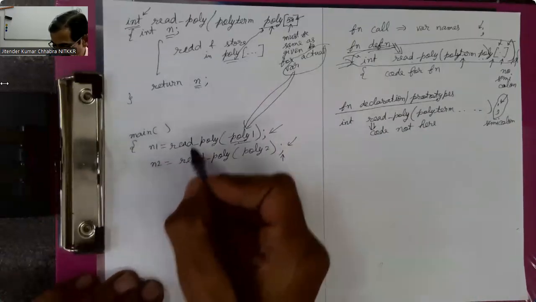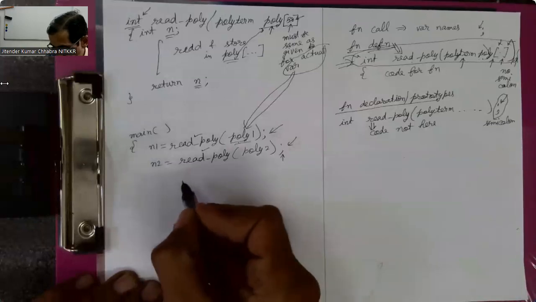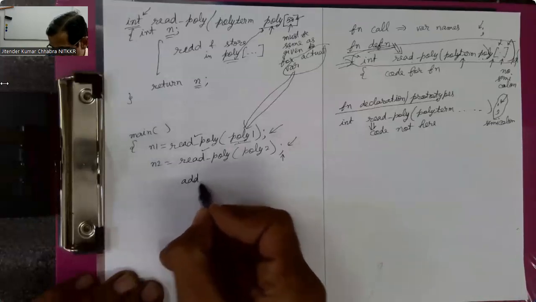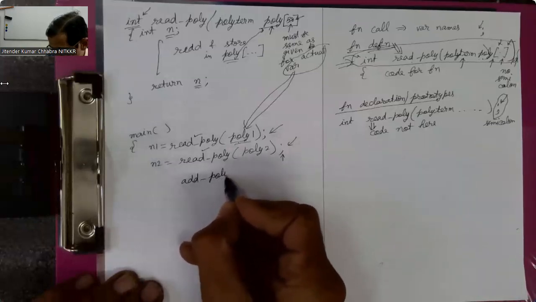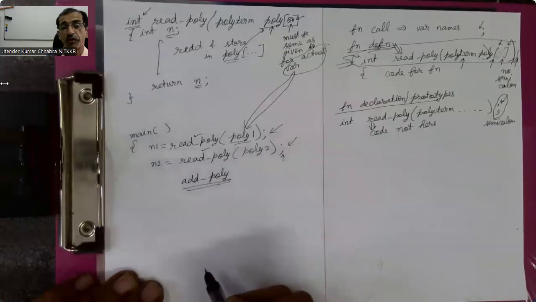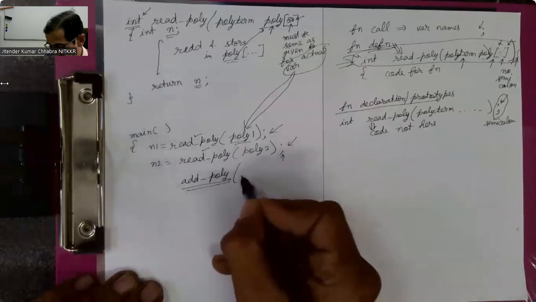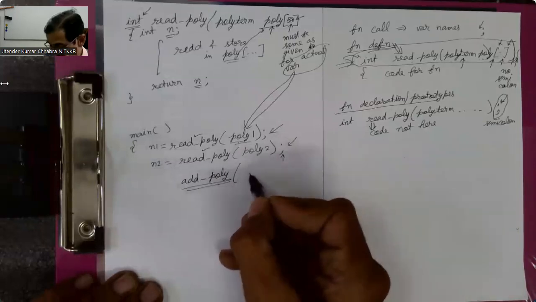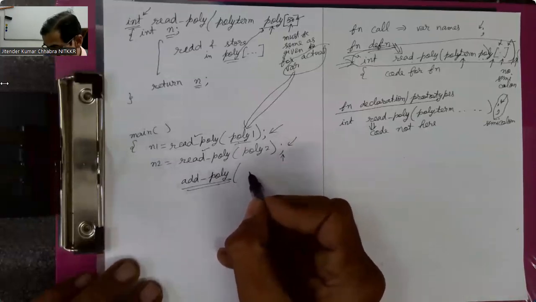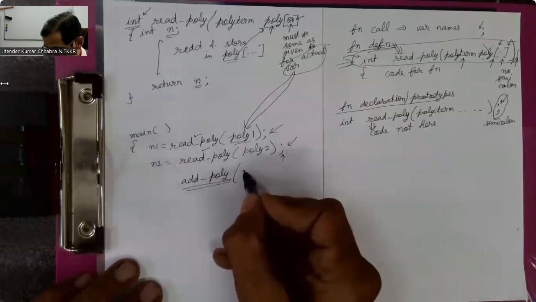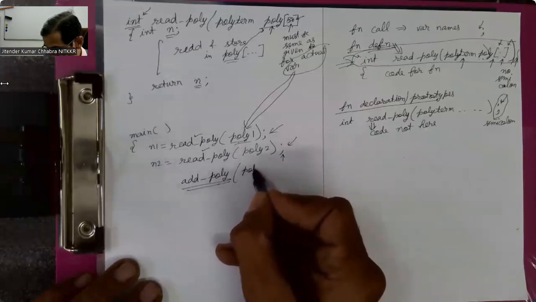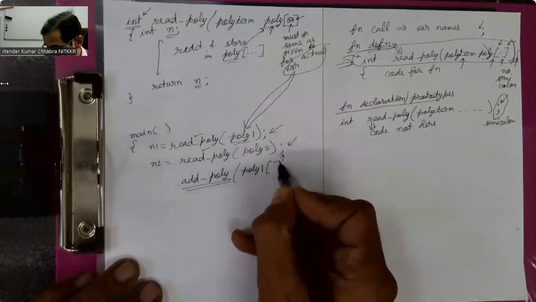So we have already discussed this one. Now I need the add poly function to be done. So what should be the parameters for add poly? We have already said I need poly1, and poly1 actually meant the corresponding n1 to be supplied. Along with that, the poly1 array will also be needed.